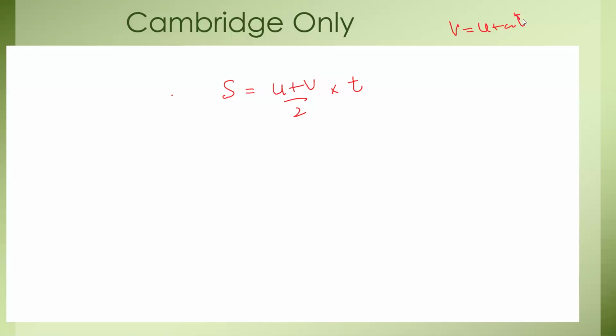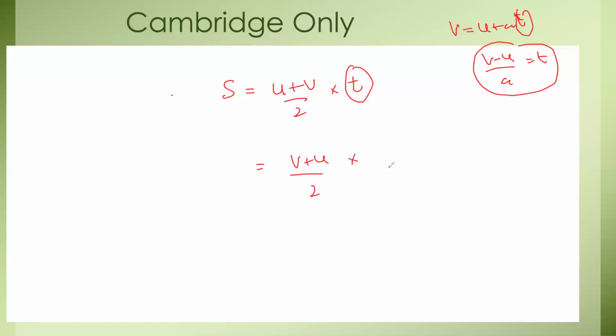If I need t from this equation, it will be (v minus u) over a equals t. So I substitute (v minus u) over a in place of t. So this is u plus v, or you can also say v plus u, it's the same thing. And the value of t is (v minus u) over a.